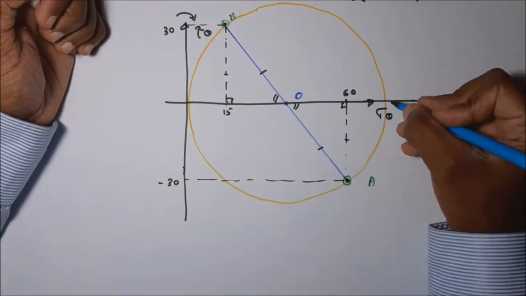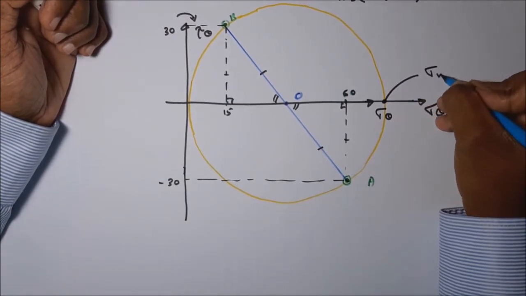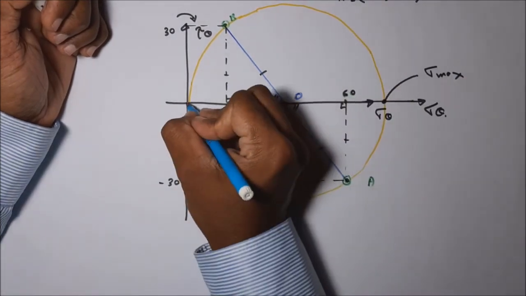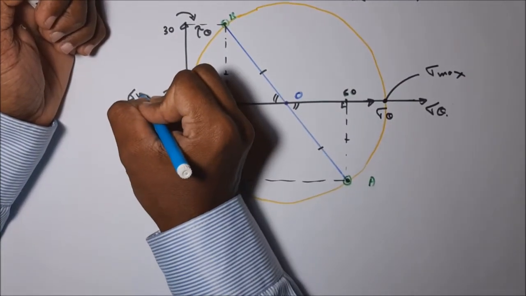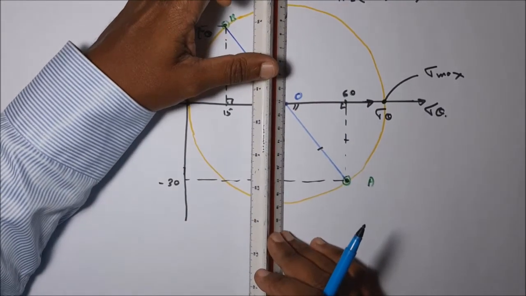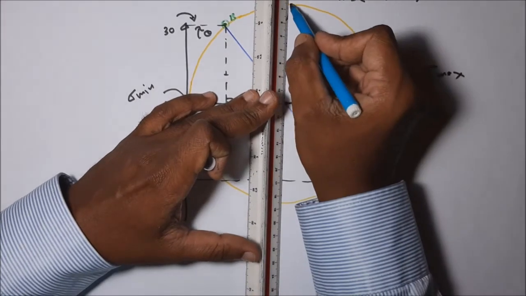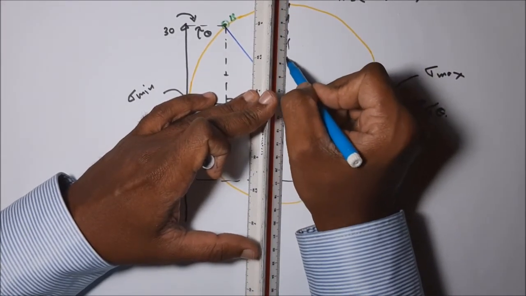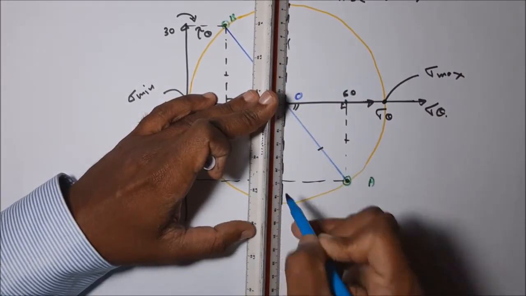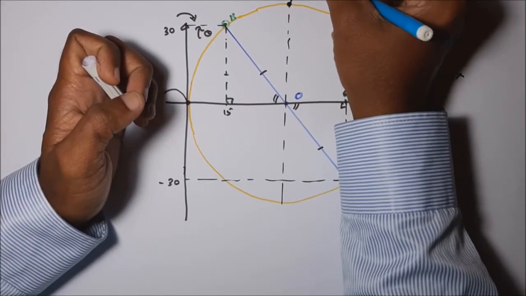Then here you can see this is the maximum stress point where sigma is maximized. And where sigma is minimum. Here where tau is maximized, tau maximum.